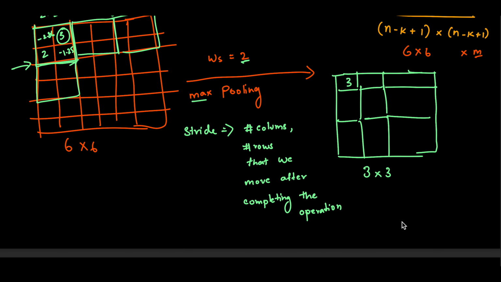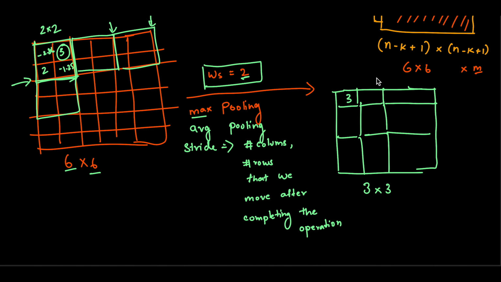So input shape is 6x6, whereas here we won't have anything like kernels or filters. We'll just have a window size. Based on this window size, we consider that window in the input feature map, and from that window, whichever is the maximum, we put it in the output. If you're using something like average pooling, then we'll place the average value of all of these in the output.